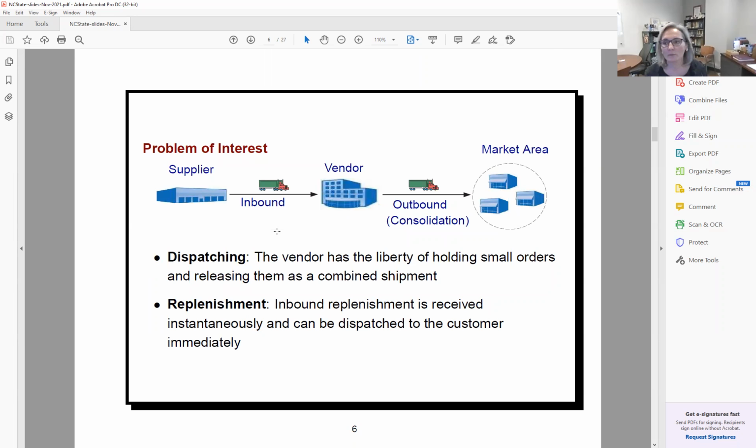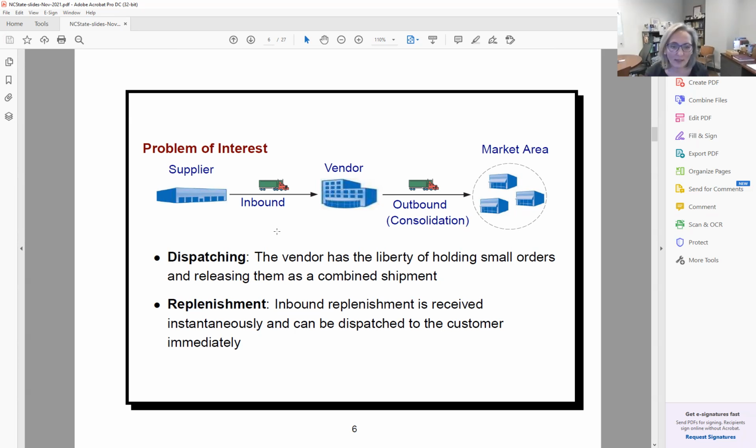Today's presentation, however, is going to focus on the exact shipment consolidation policy, which may not be one of these three policies, but it is important to know about these policies so that we can benchmark the performance of the exact policy against some of the existing and practical policies.